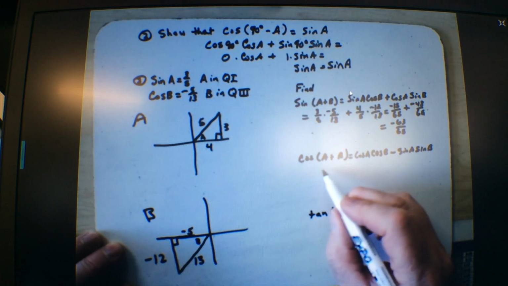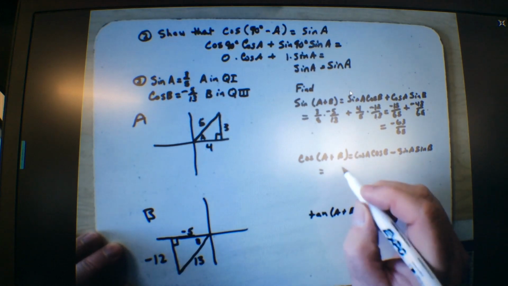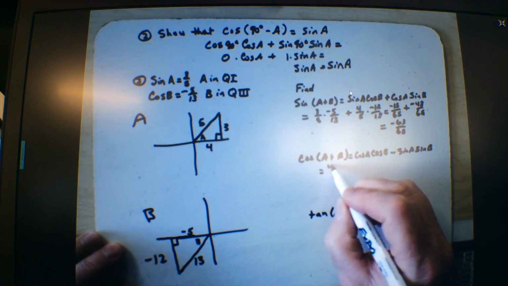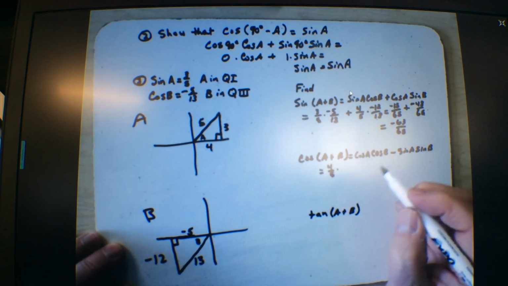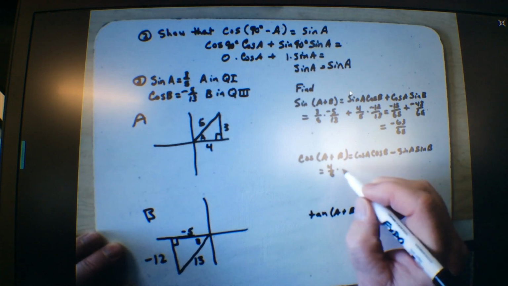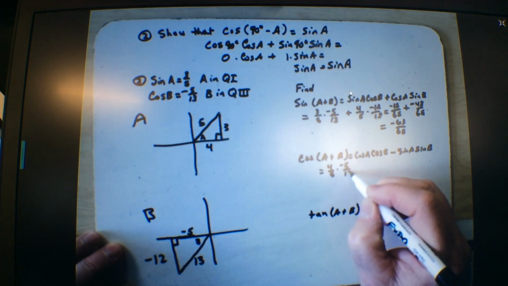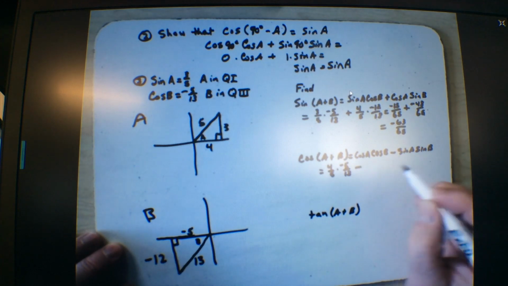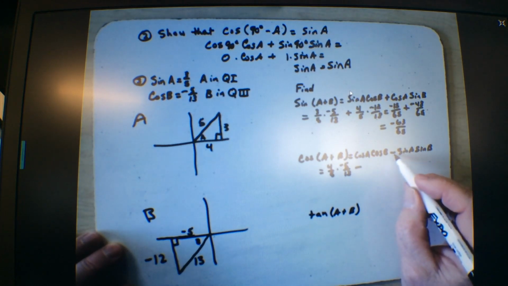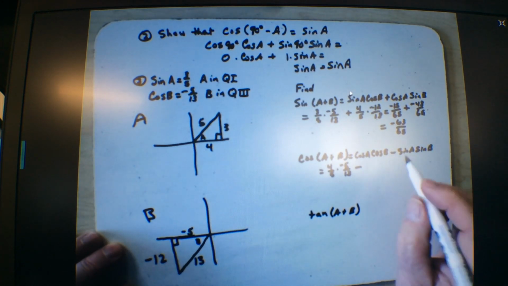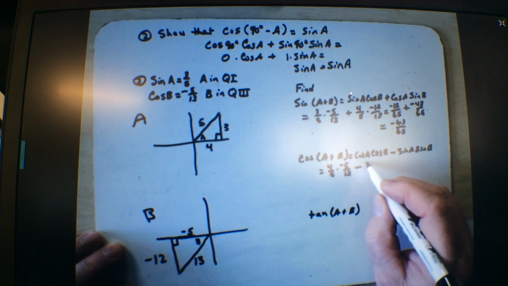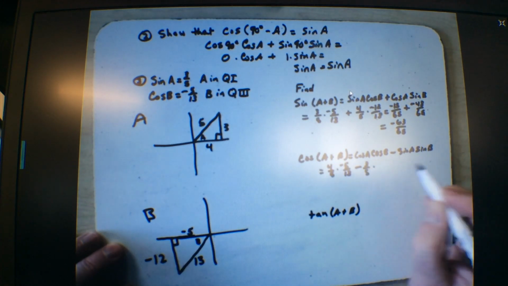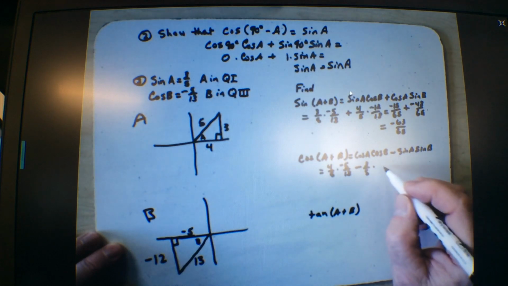So I'm getting cosine A, which is 4/5, times cosine B, which is negative 5/13, minus sine of A, which is 3/5, times sine of B, which is negative 12/13.